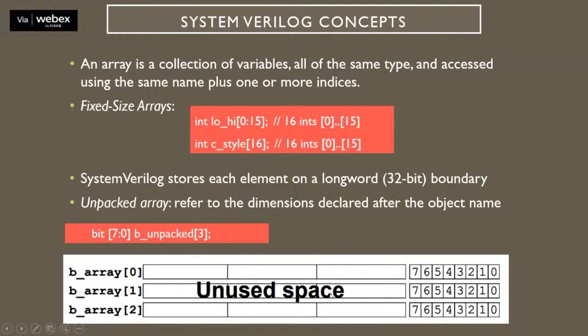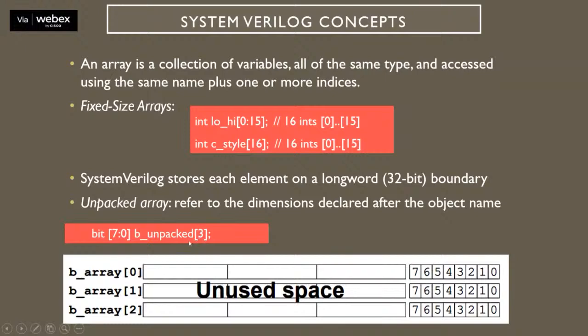Here as an example, we have taken the type bit, with an instance name of unpacked, and the size of these. So this is a vector notation. We are going to have 3 memory locations of 1 dimension here.